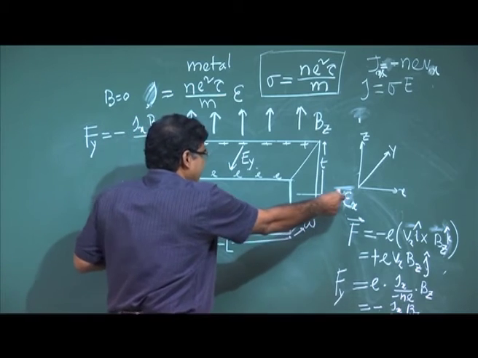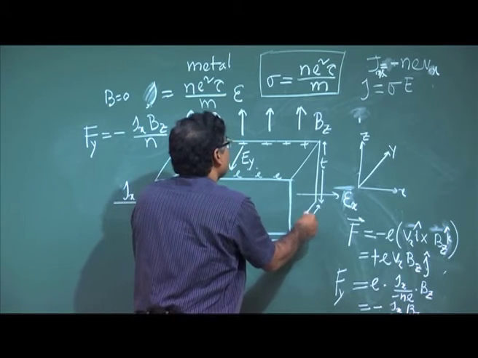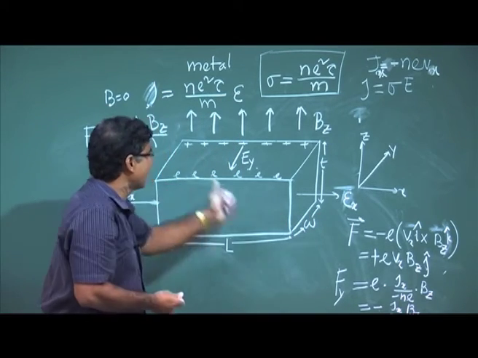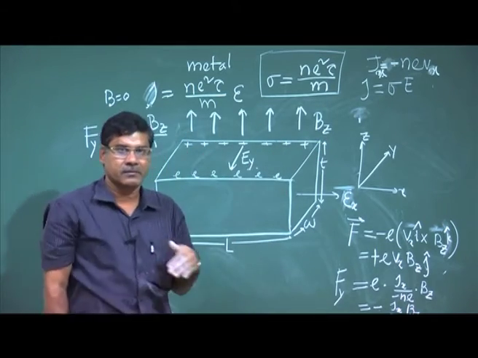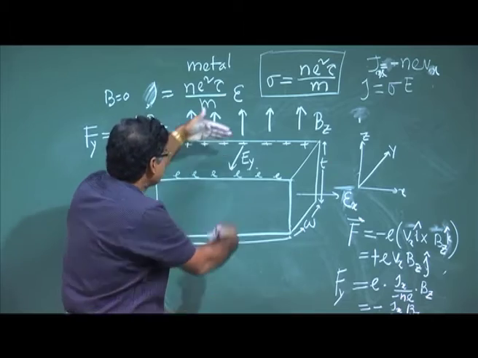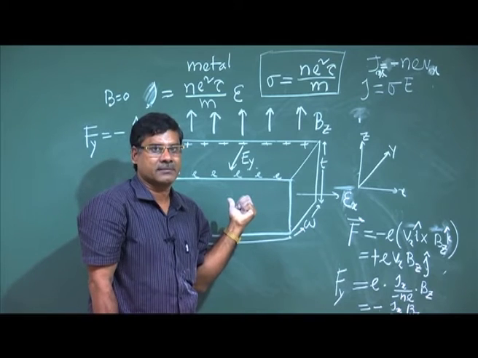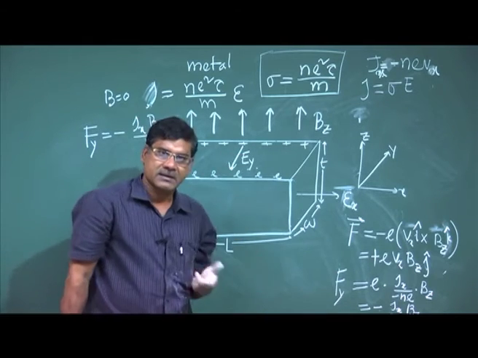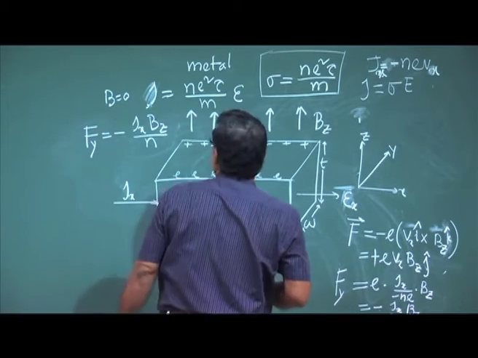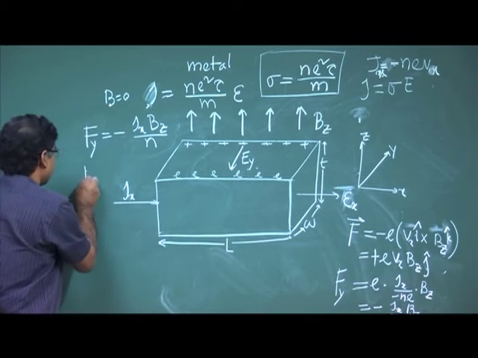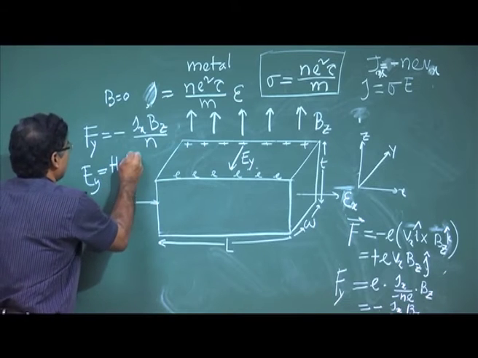We have applied an electric field along the x direction, and because of that we are getting current. Because of the magnetic field along the z direction, there is a voltage, an electric field, generated in our sample, and that is just along the y direction. This electric field E_y is called the Hall electric field.